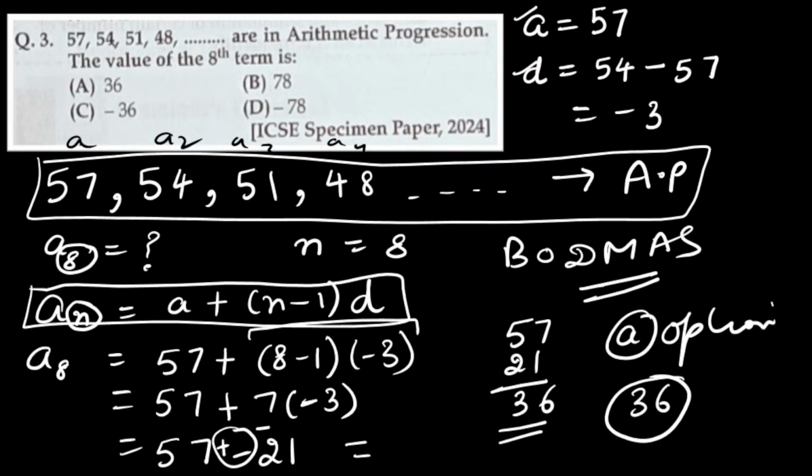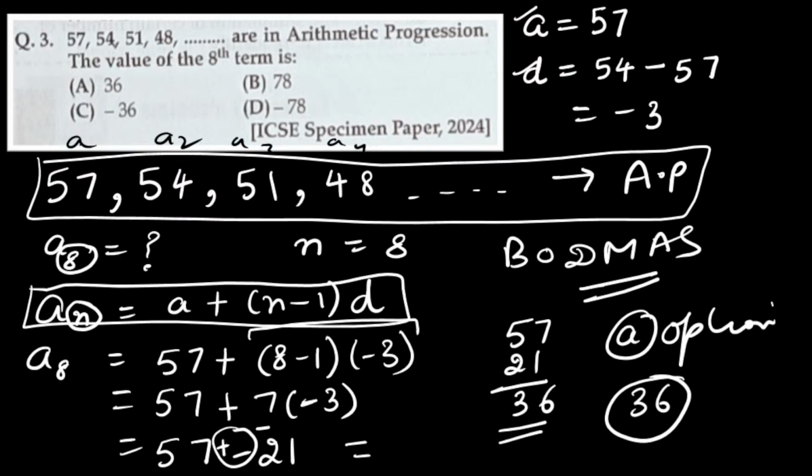Anyone any doubt? Still Sushil is telling me option B. Just see where you made a mistake, because everyone else is getting 36. Two people are telling 78.